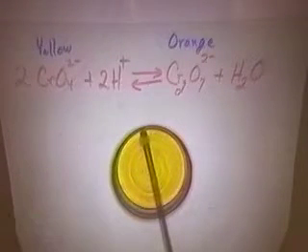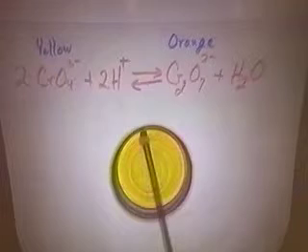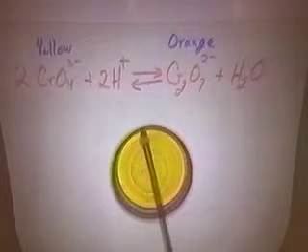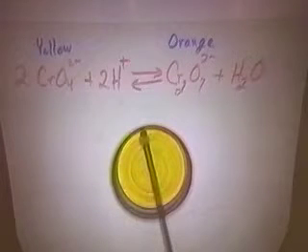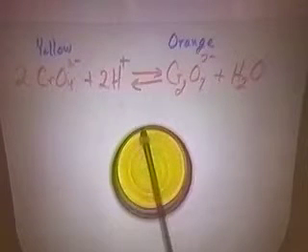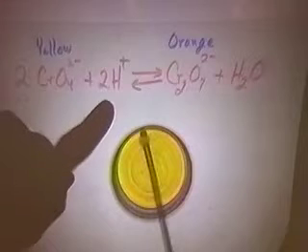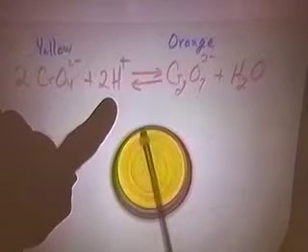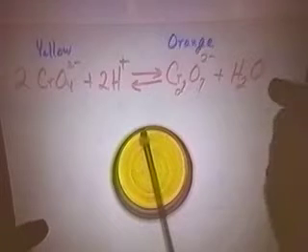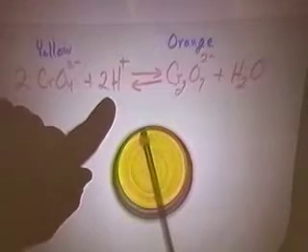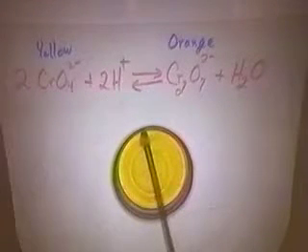Well, how can I decrease the amount of hydrogen ion? If you recall from Chapter 5 when we talked about acids and bases, if I were to add some hydroxide ion, it would react with the hydrogen ion and decrease it. It would make more water, which doesn't affect the equilibrium, but it would decrease the amount of hydrogen ion.